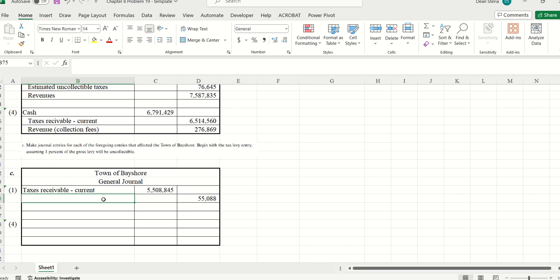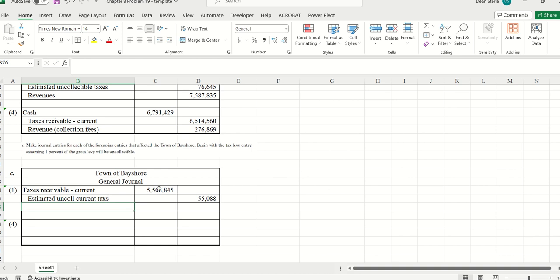Taxes receivable current, and then this is the estimated uncollectible taxes. So that's the amount we anticipate we're not going to collect.